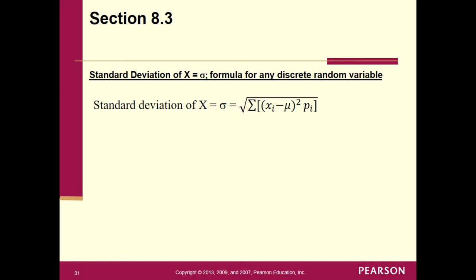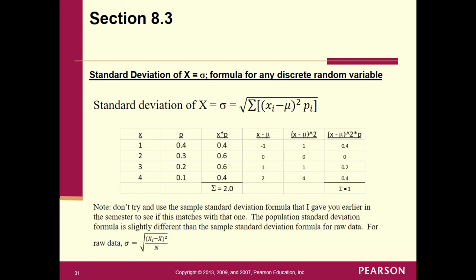What we have to do is take each one of our x's, subtract off mu, square each one of those, multiply by its corresponding probability, meaning how often x shows up, and then take all those values and add them up. This is less complicated than you think. Here's the table, and notice what we have to do.